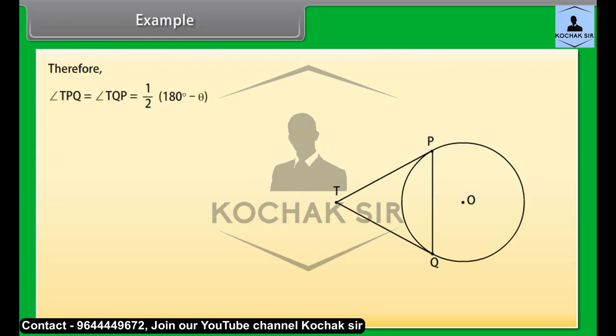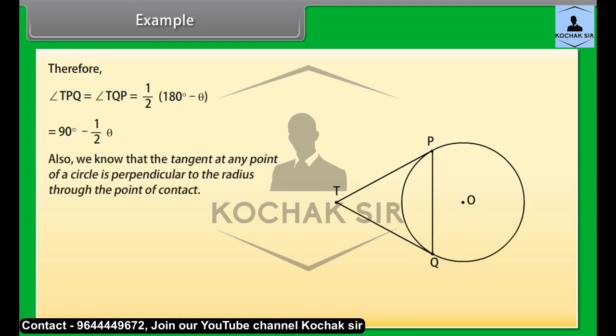So, TPQ is an isosceles triangle. Therefore, angle TPQ is equal to angle TQP, which equals 1 upon 2 into (180 degree minus theta), which is equal to 90 degree minus 1 upon 2 theta. Also, we know that the tangent at any point of a circle is perpendicular to the radius through the point of contact. Therefore, angle OPT is equal to 90 degree.